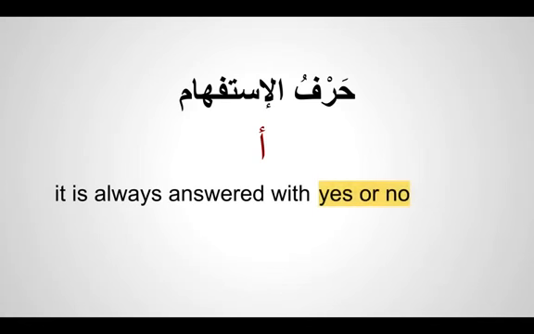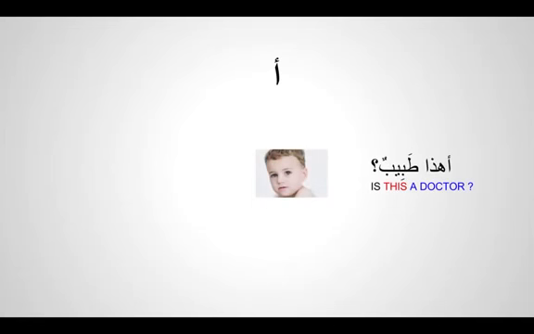And we learned yesterday that when you use a, it is always answered with either yes or no. Yes is called na'am in Arabic, and no is called la. So let's practice quickly a little bit. If we say a hadha tabibun, is this a doctor? We say la, no. Hadha waladun, this is a boy.